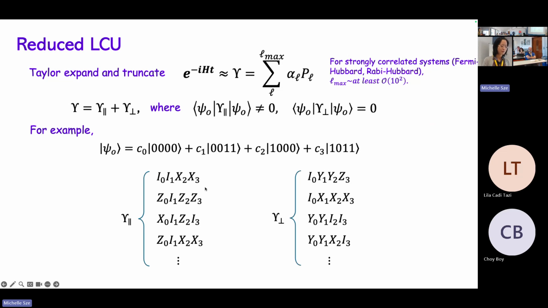Then the terms here in the parallel group will give you a non-zero overlap, whereas if you act these operators here on the right, it will give you zero overlap. So I, Y, Y, Z won't have a corresponding state here if you act it on any of these bases.